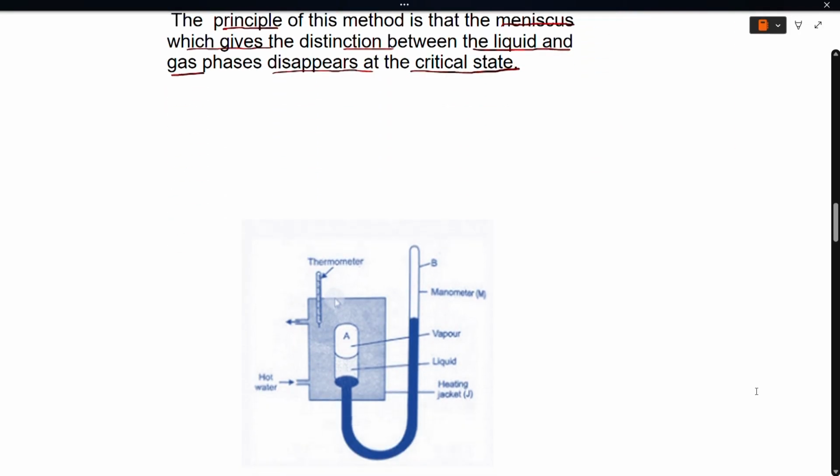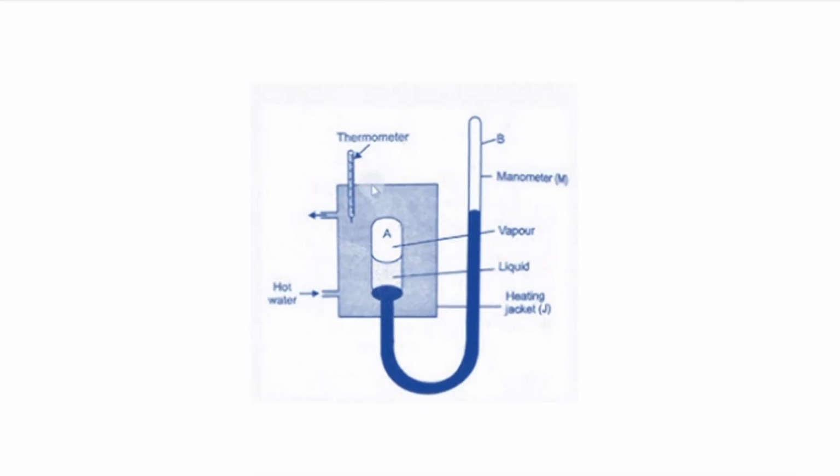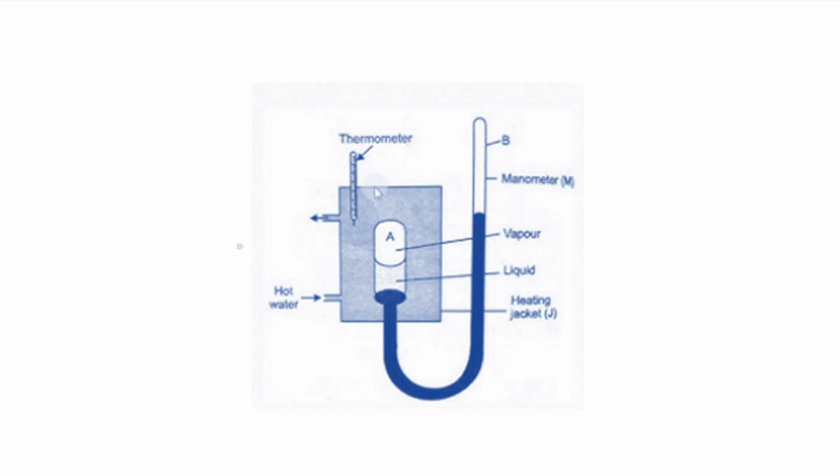gas and the liquid. Now let's move on to the apparatus used in it. This is the de la Tour apparatus. Here we have a gas bulb, in which we have taken the substance in the liquid form at room temperature. So, we are going to find out the critical temperature of a substance which exists as a liquid at room temperature.